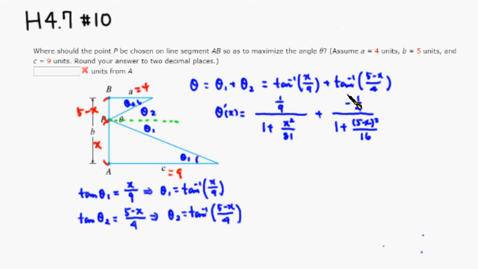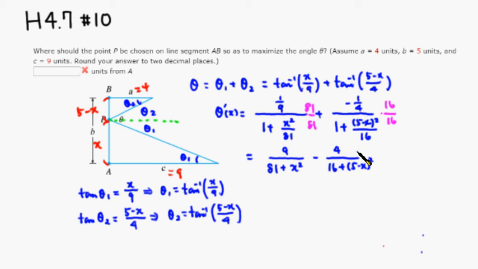Now I'm going to simplify. I'm going to multiply top and bottom by 81 here, and top and bottom by 16. That way we get 81 over 9, which is 9, over 81 plus x squared, minus 4 over 16 plus 5 minus x squared.